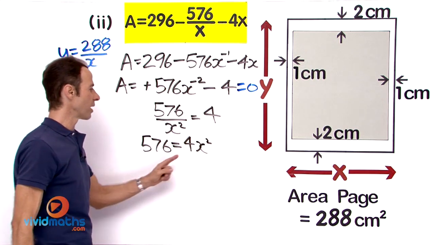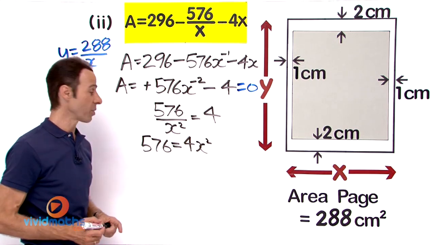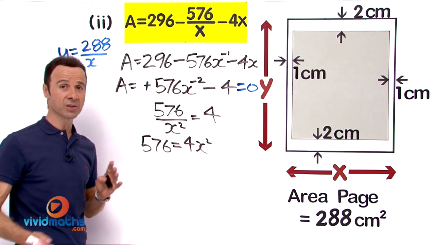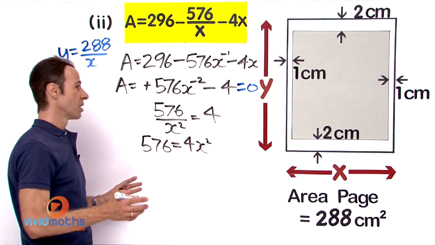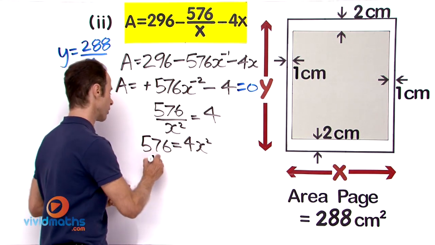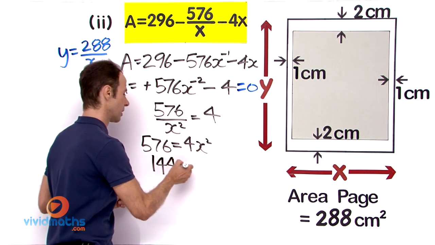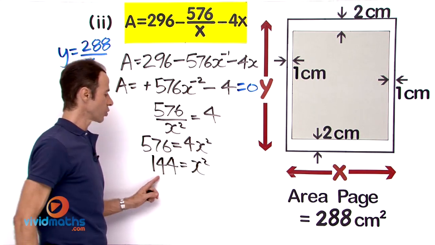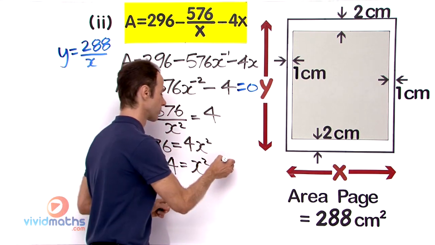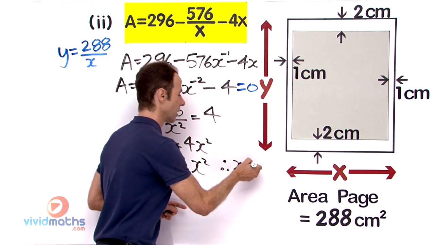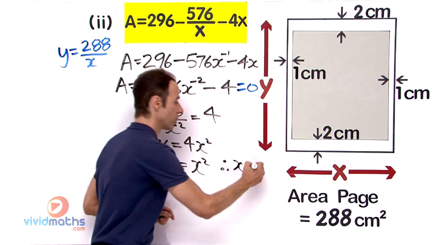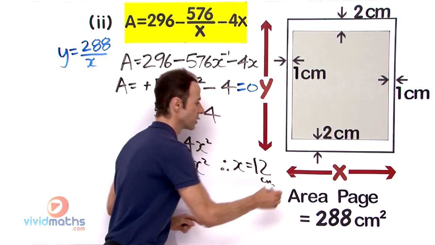So now we just divide both sides by 4. 576 divided by 4 gives us a grand total of 144 equals x squared. Square rooting both sides, therefore x equals 12 centimeters.